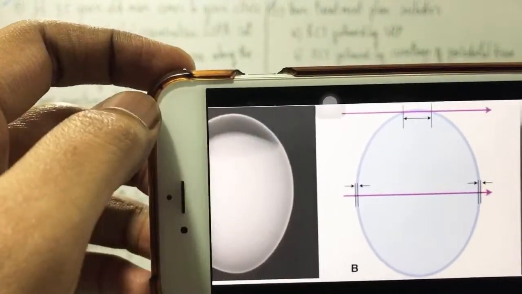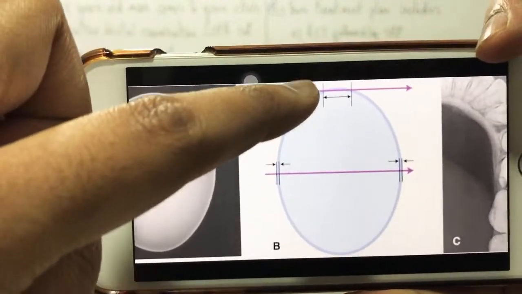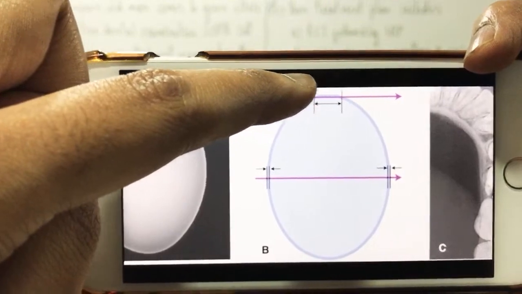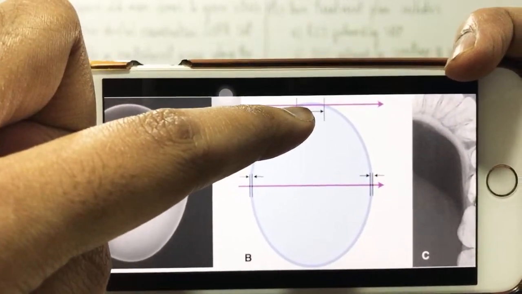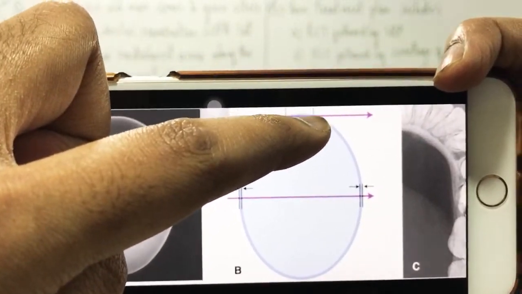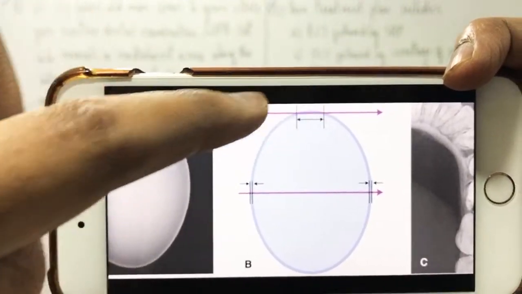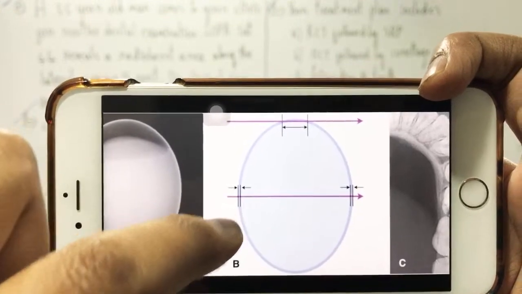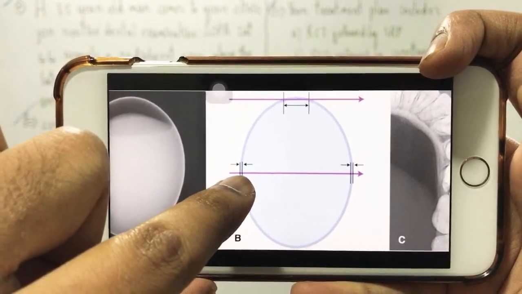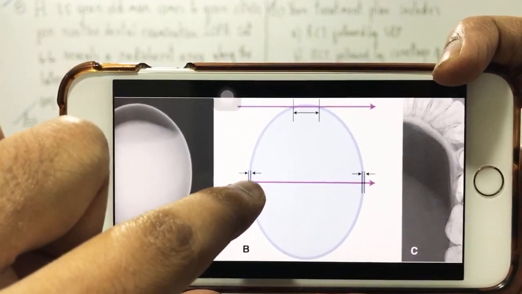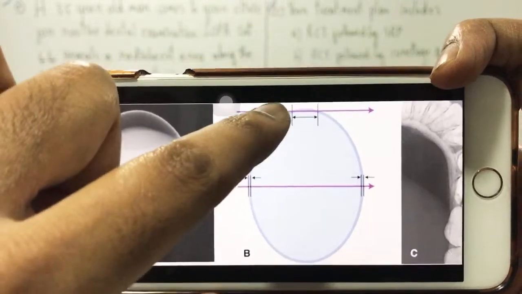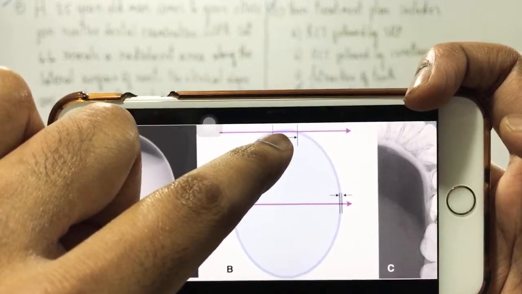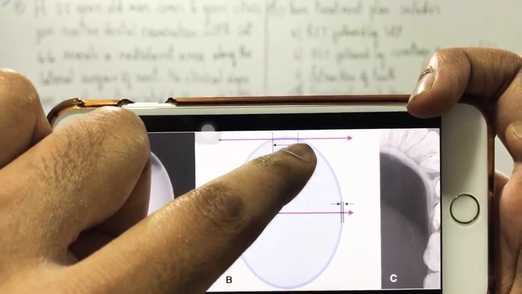As you can see, the X-ray photons traveling along the periphery of the egg have to travel through more of the shell, so they are more attenuated compared to the X-ray photons traveling at right angles to the egg, which have to traverse only a little amount of eggshell. But those traveling tangentially, along the periphery of the egg, have to travel through a greater amount of eggshell.